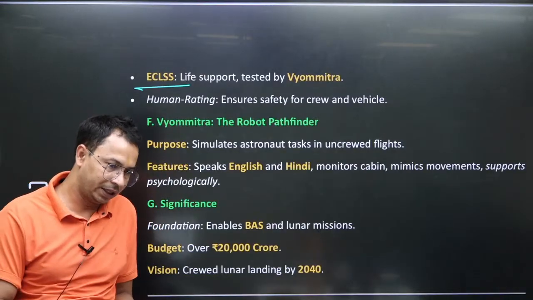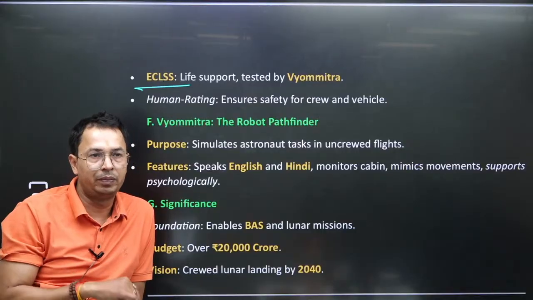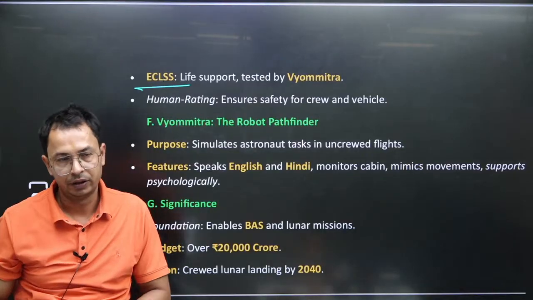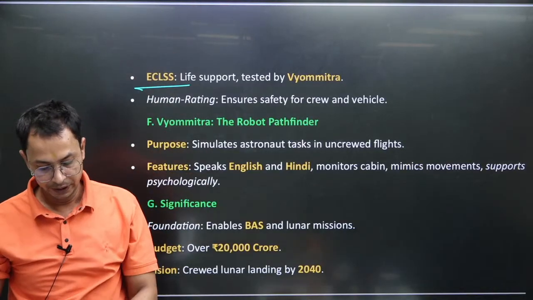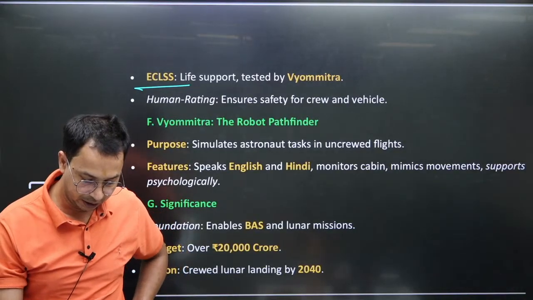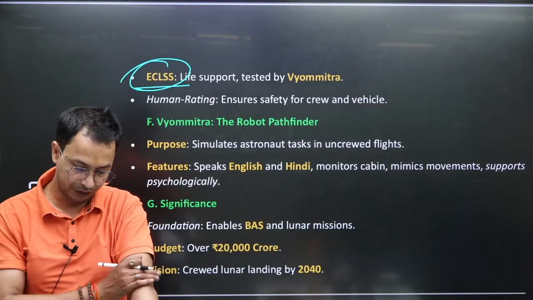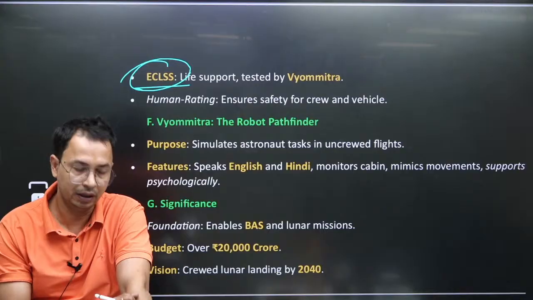And in space there will be charged particles also, and how space will behave with human life. Only then will we make the environmental control life support system, because we have to develop this entire system without the help of any other country. We are developing our own.